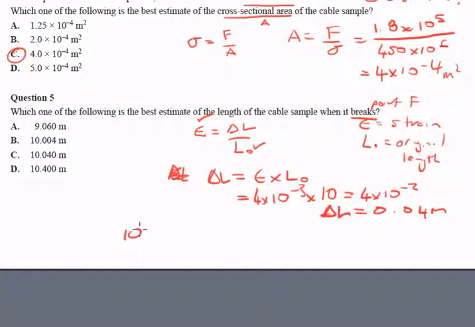So if it started off at 10 meters and it got bigger by 0.04 meters, the new length is equal to 10.04. If it started off at 10 meters and it got smaller by 0.04, the new length is equal to 9.96 meters.